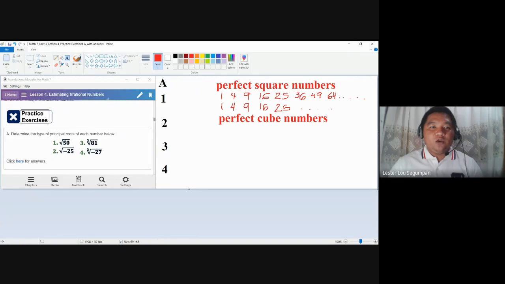The perfect cube of 1 is 1. For the perfect cube of 2, 2 times 2, which is 4, times 2, we have 8. For 3, 3 times 3, 9, times 3, 27. 4 times 4 is 16, times 4, 64. 5 times 5 is 25, times 5, you have 125, and so on and so forth.